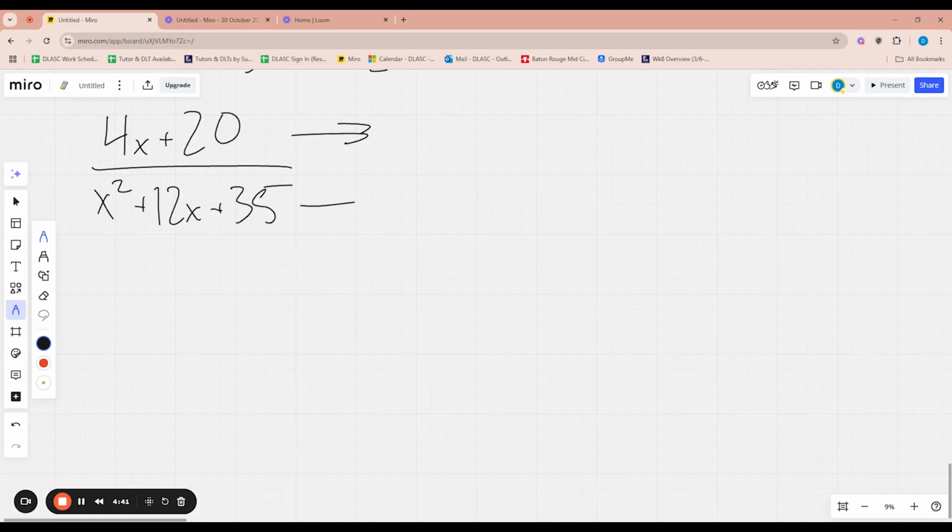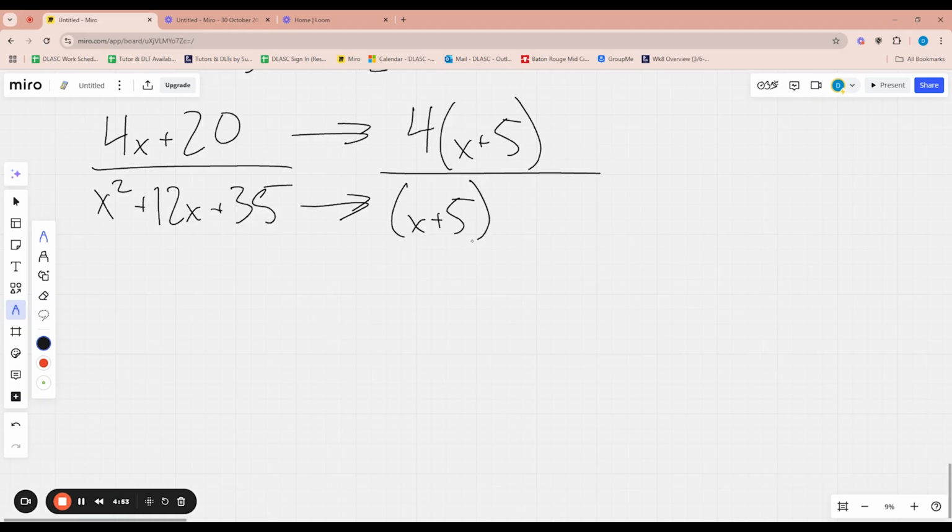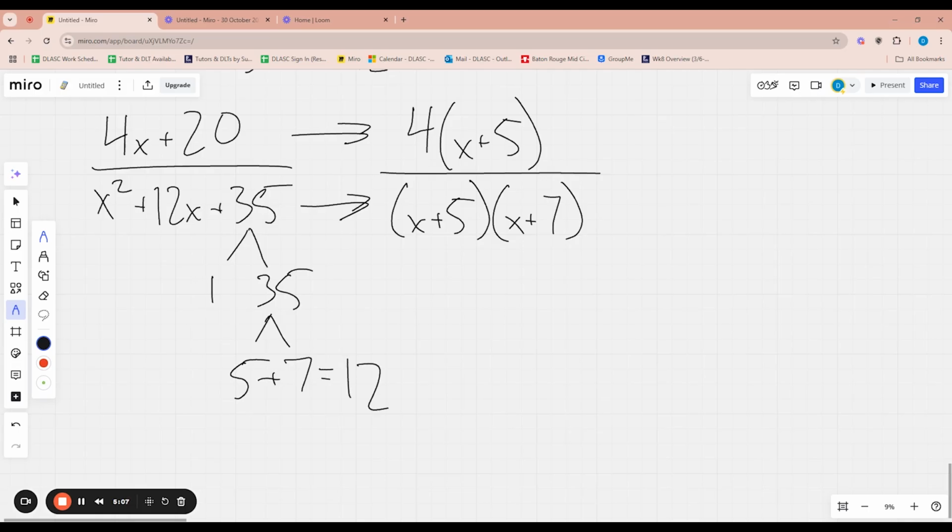We'll break this down again into 4 times x plus 5 over x plus 5 times x plus 7, because remember, we can take 35 and break it into its factors. And if those factors add up to our b term, because remember this is ax squared plus bx plus c, if the factors of c add up to the b term, then we can split that quadratic into two separate expressions.